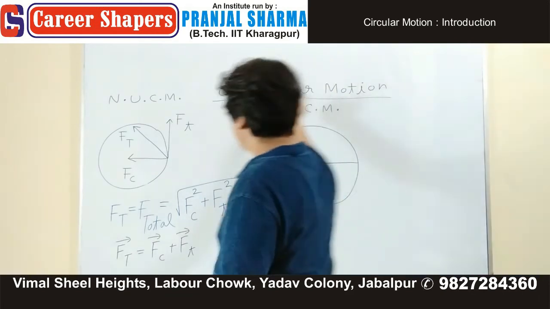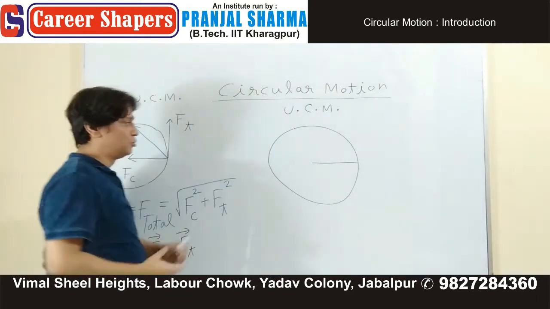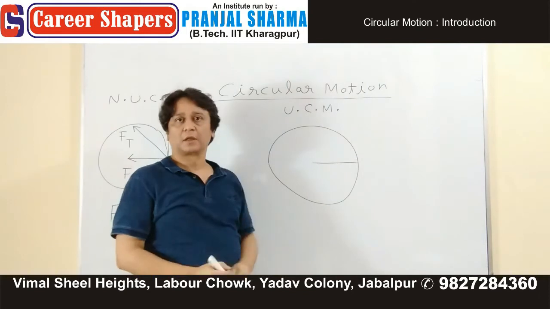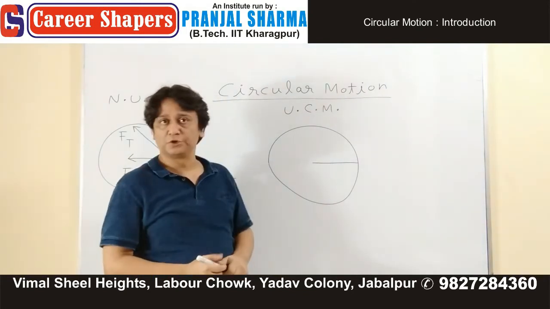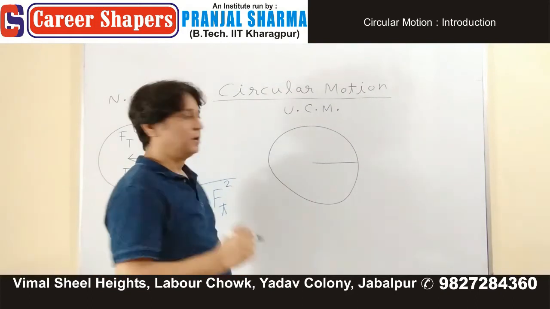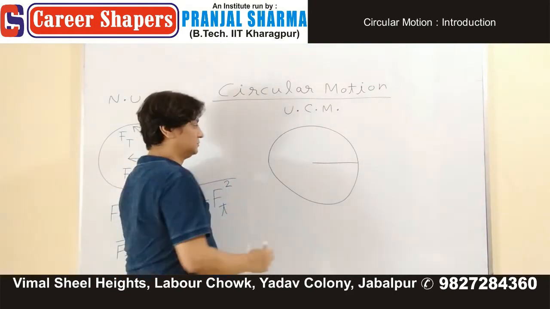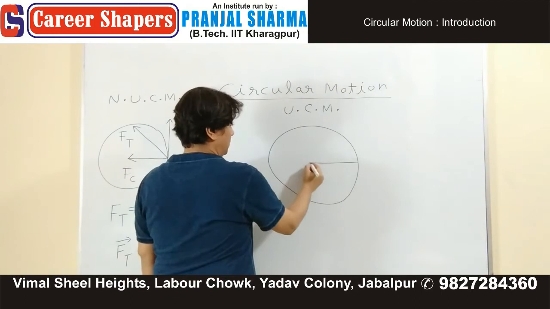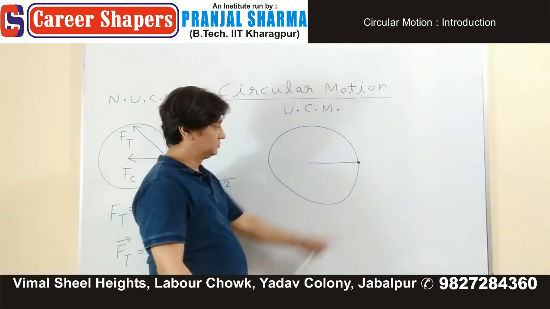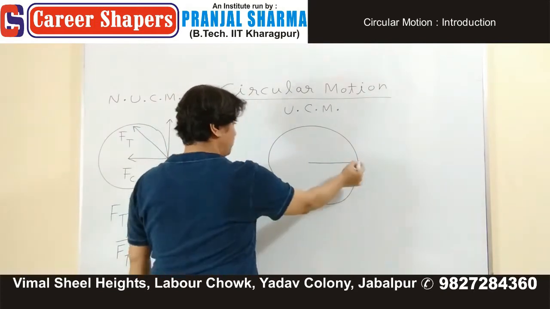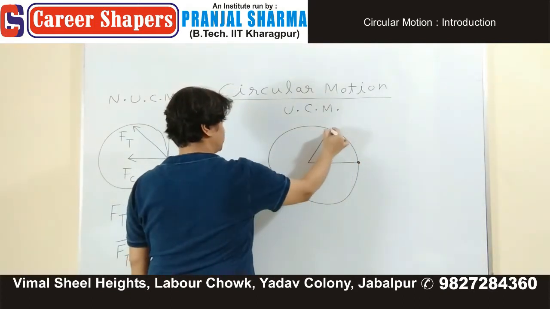Now we're discussing uniform circular motion. तो हमने यहाँ पर यूनिफॉर्म सर्कुलर मोशन में कुछ कुछ चीजों को डेवलप किया है. क्या क्या वो चीजें हैं देखना. हमारा ऑब्जेक्ट यहाँ पर है. This is the starting position, and then it moves from this position to this position.